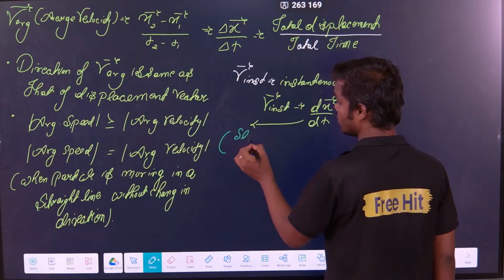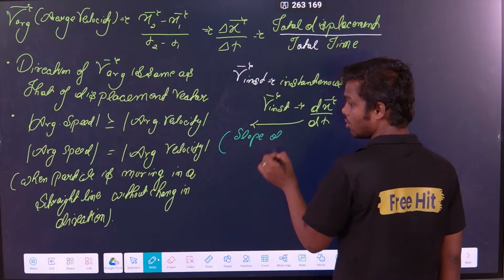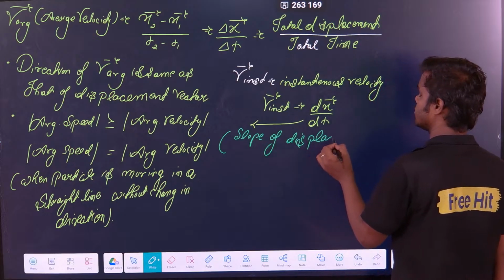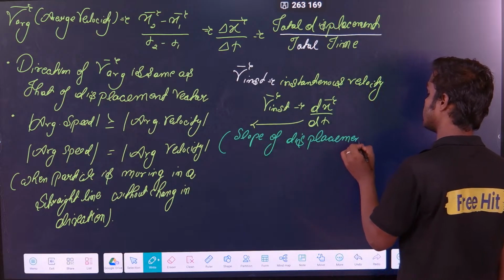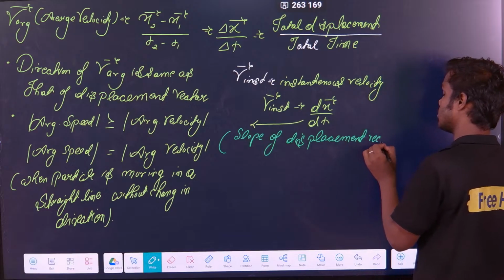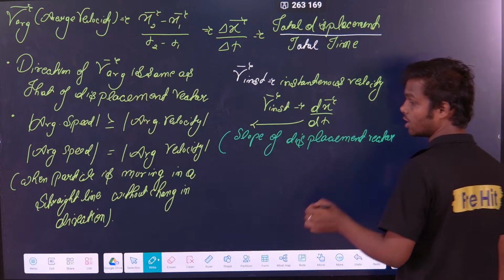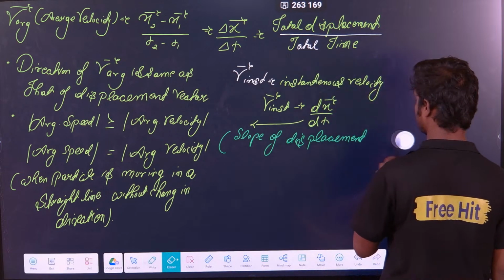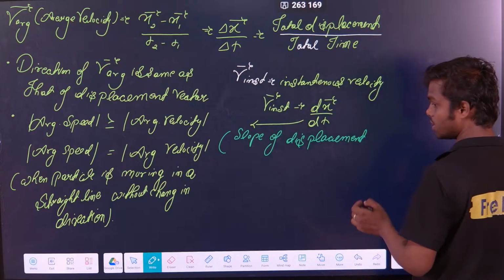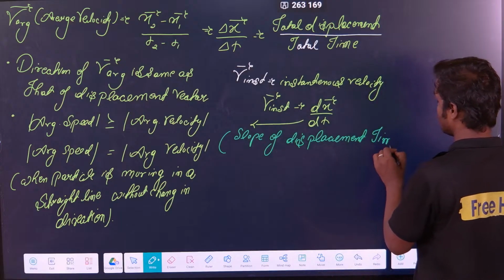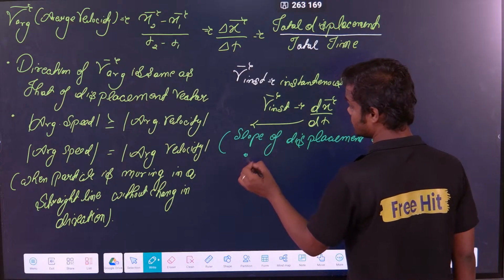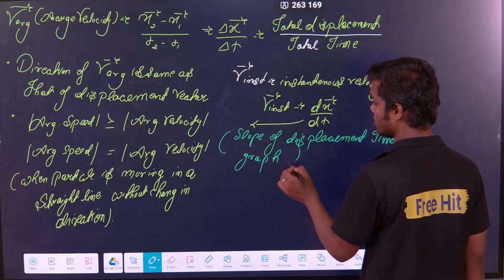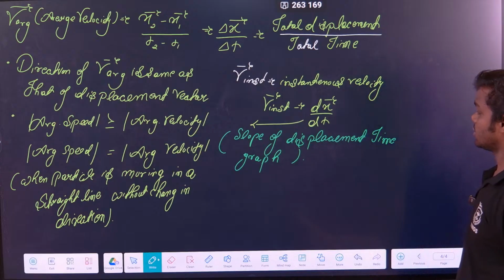You can understand from there that it is defined as the slope of the displacement vector, or you can say the slope of the displacement time graph.